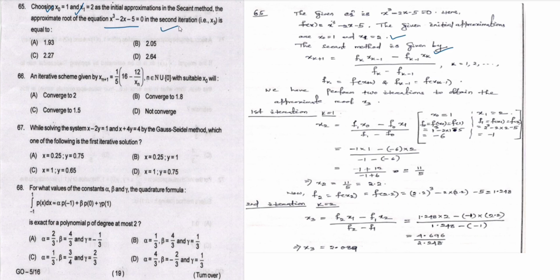As you can see in the question, we have to find the second iteration. That is, basically we have to find the approximation to the root after the second iteration of secant method, means we have to find x3.